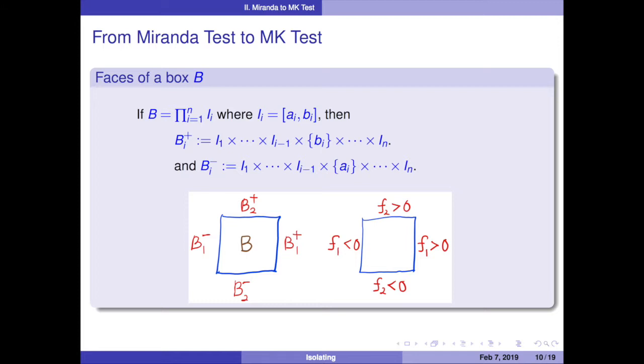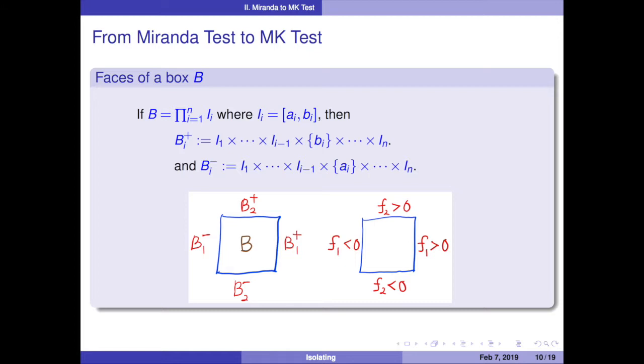The Miranda test in 2 dimensions, let's forget about higher dimensions, is if you have a box, you have 4 edges or faces. The faces come in pairs. There's one pair B1 plus and B1 minus, and another pair B2 plus and B2 minus.